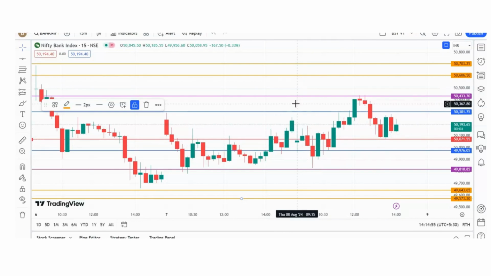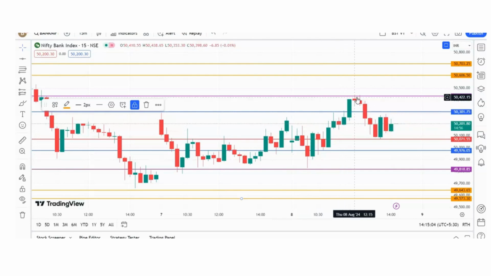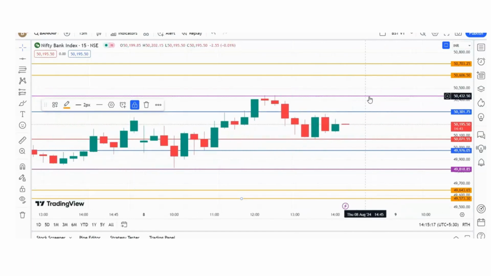Yesterday I had drawn those levels on the chart, and as you can see, the market is moving exactly in the same fashion, up to the same levels which were predicted in those support and resistance levels. So this way we can follow the markets.